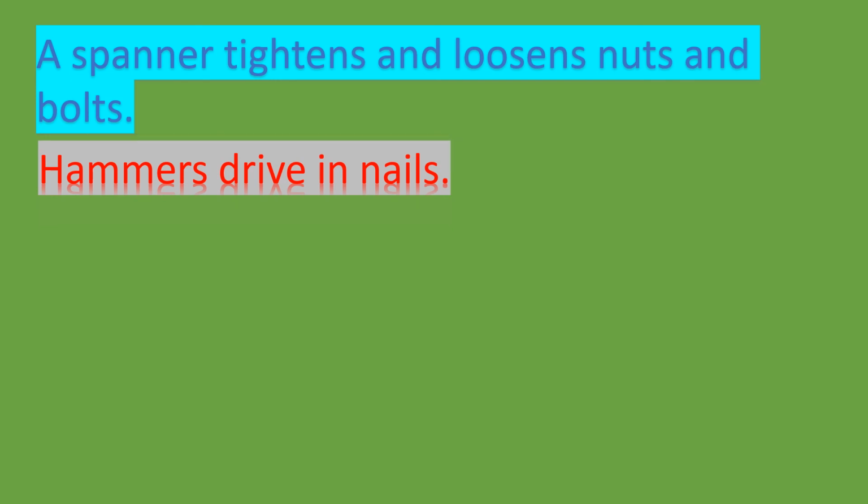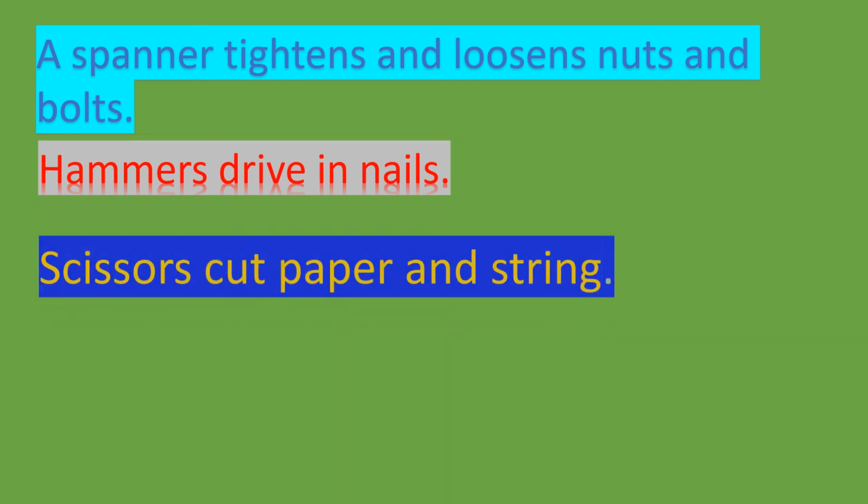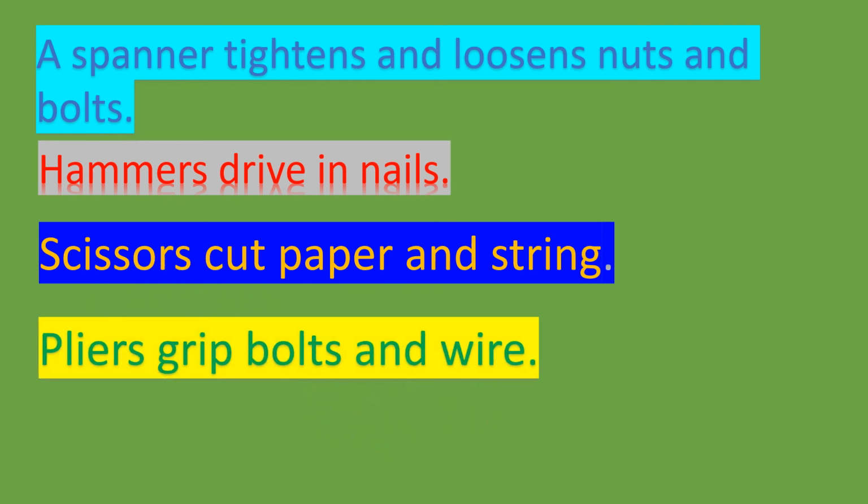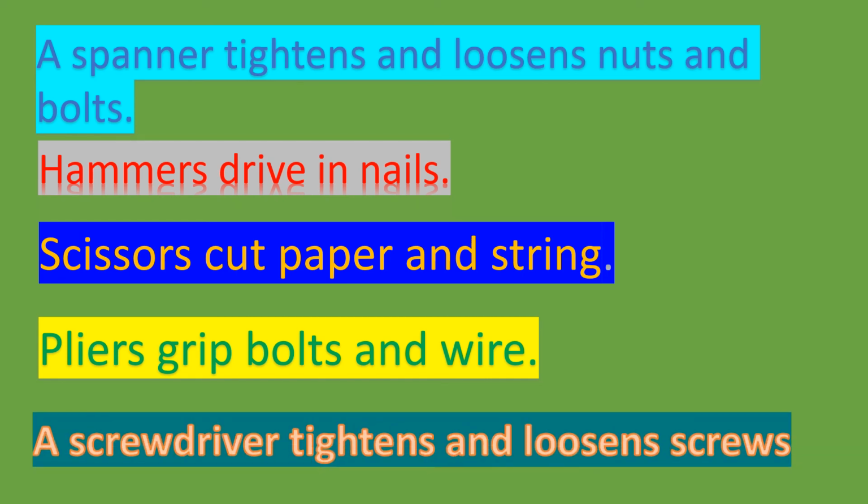There's no S because hammers is a plural word. Scissors cut paper and string, also cut without an S. Pliers grip bolts and wire, they hold them tightly. And the last example is a screwdriver tightens and loosens screws.